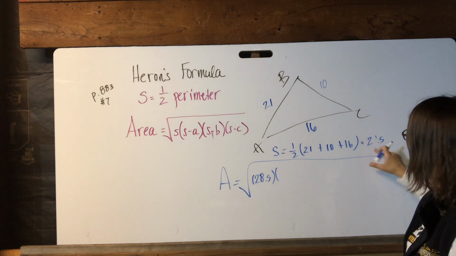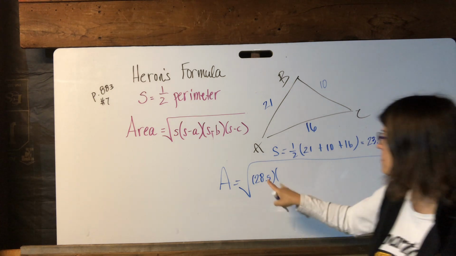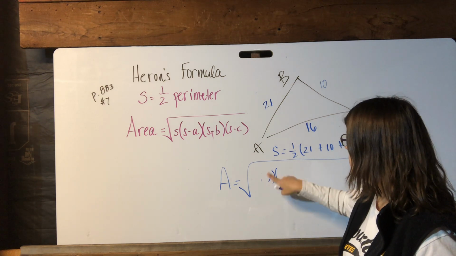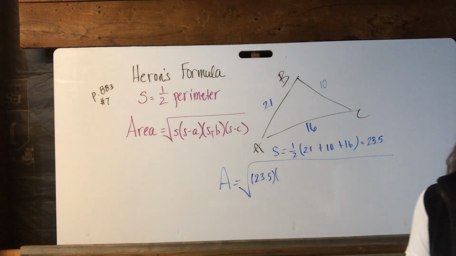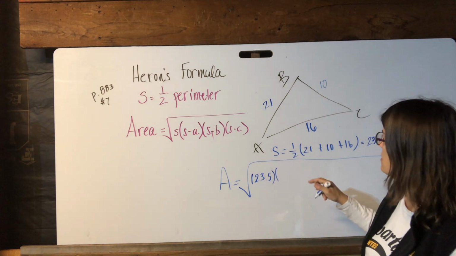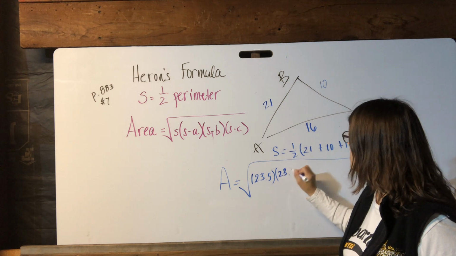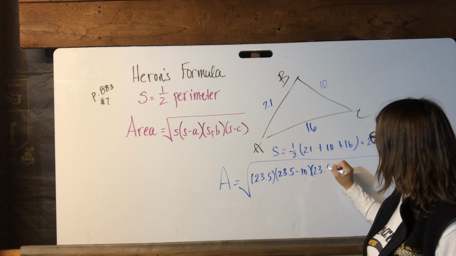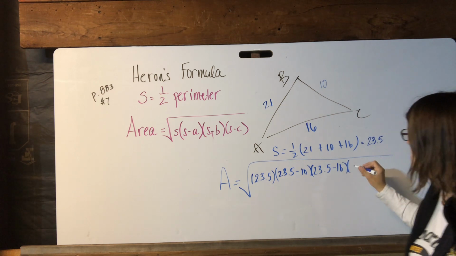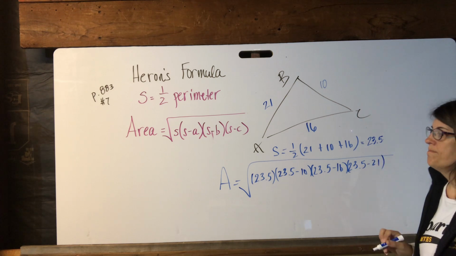So S is 23.5. There we go. The order in which you do it doesn't matter. 23.5 minus 10, 23.5 minus 16, 23.5 minus 21.